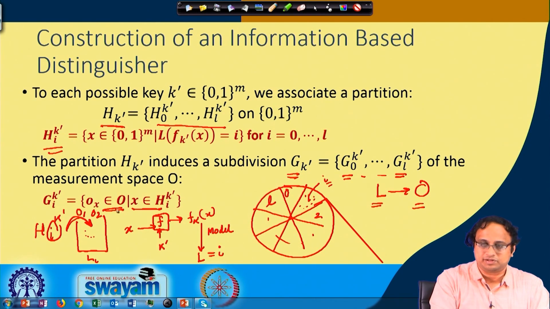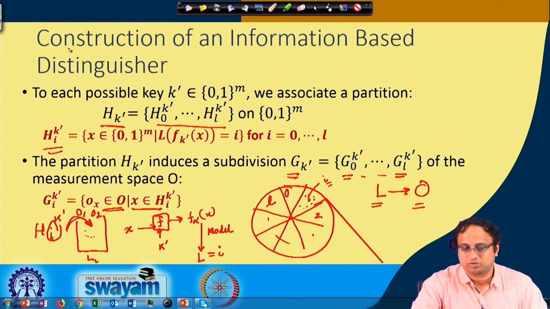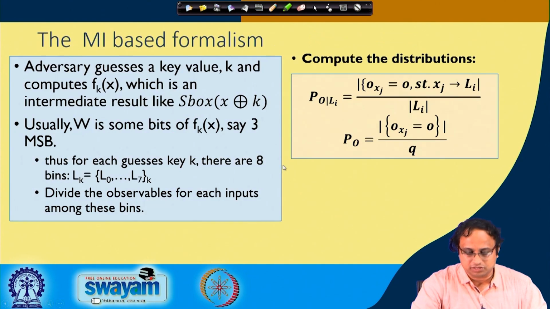All those observables corresponding to those x values which have led to I are kept in this partition. Therefore, I am finding out how many observables there are, or what the observables are.